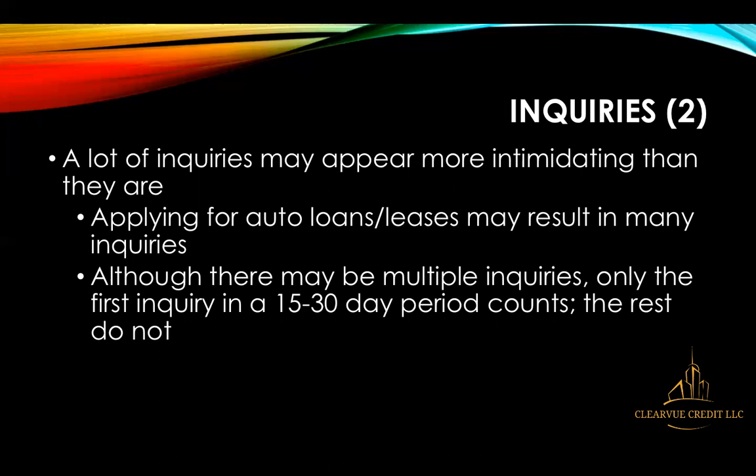That's not the same when applying for credit cards or personal loans. Those are counted as individual inquiries, and those do hurt your score individually, even within a 15 to 30-day period. So keep that in mind. When you're shopping for a car loan or a mortgage, you have the right to find the best rate for yourself as long as it's within a short period of time.